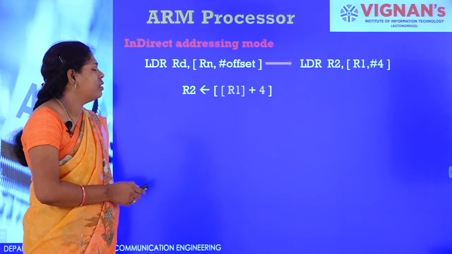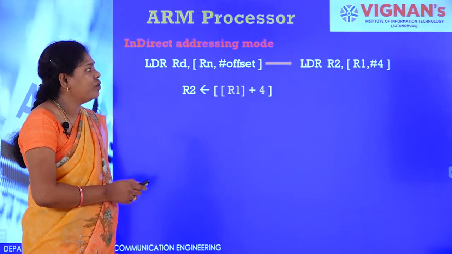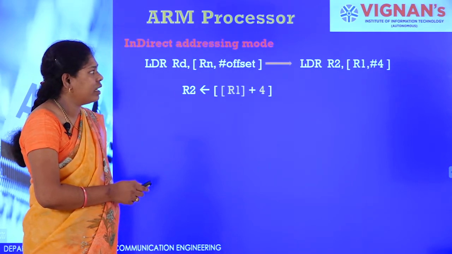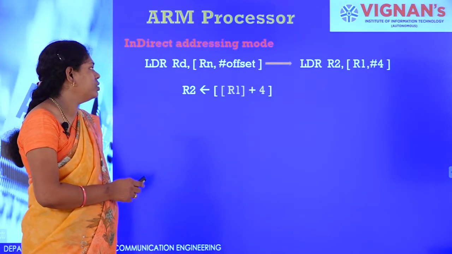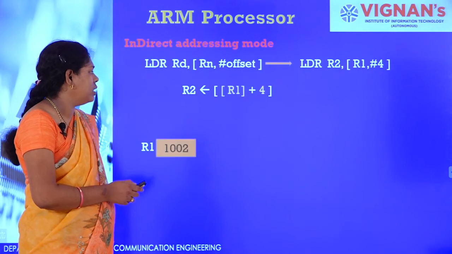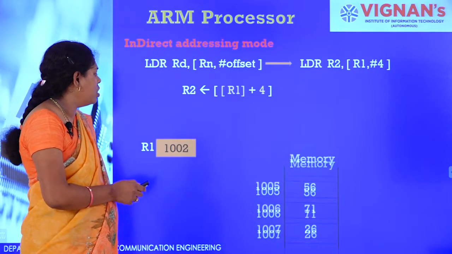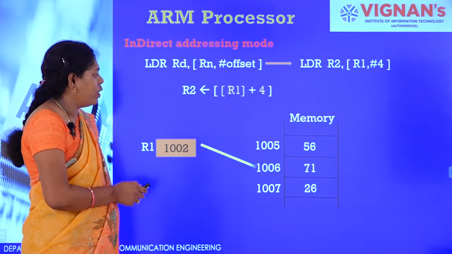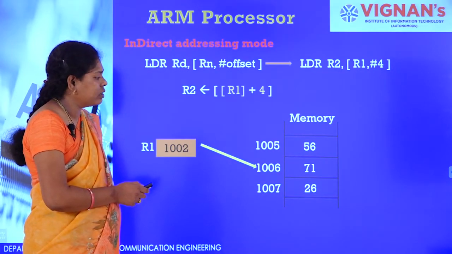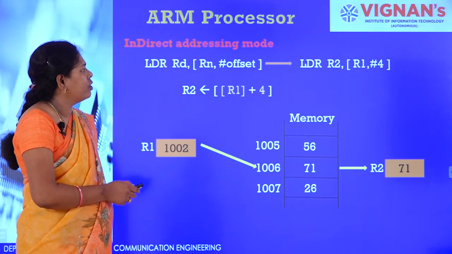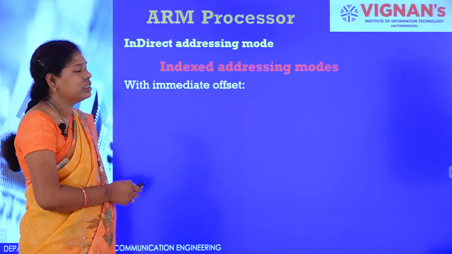The content of R1 will be added to 4 and the content of that address will be copied to R2. Let's see, R1 is 1002 and we are adding 4, so 1006 will be pointed. Now, the contents of that location will be copied to R2. These are the three ways.